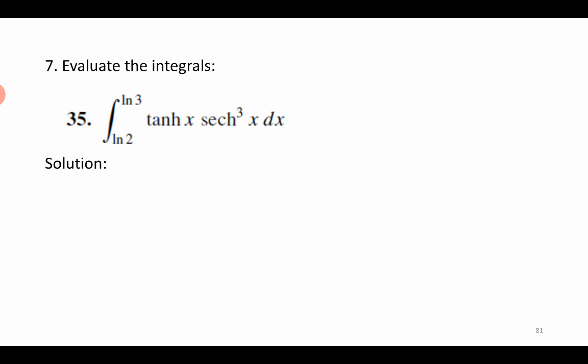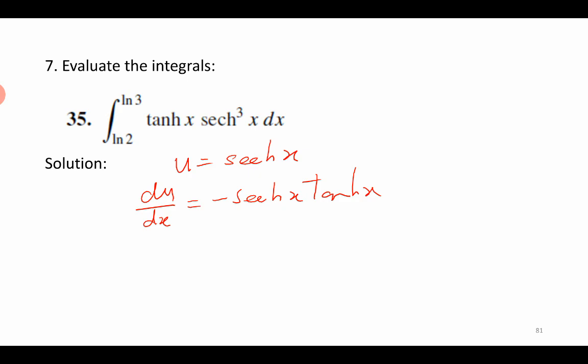Only one problem has been given in our collection of problems. So let me substitute the function u as secant hyperbolic x. So what happens when you differentiate u with respect to x? This is negative secant hyperbolic x tan hyperbolic x.